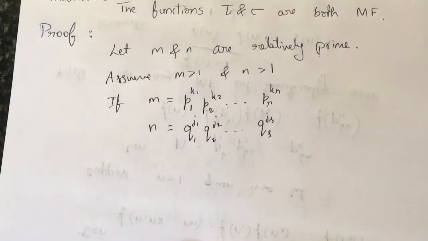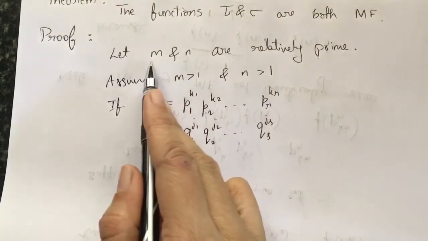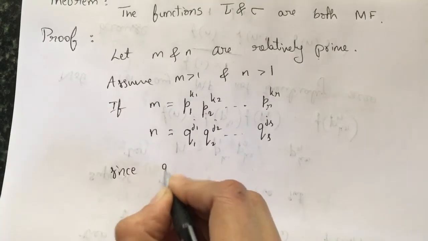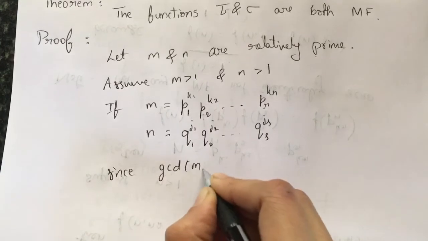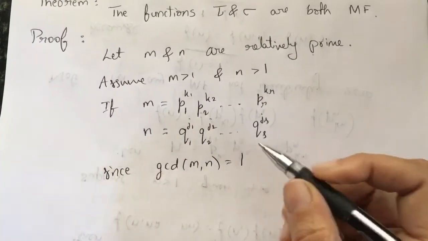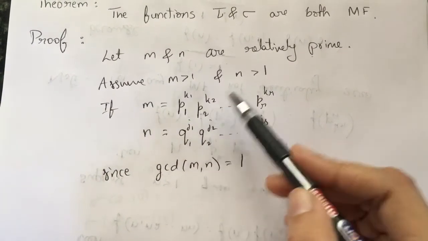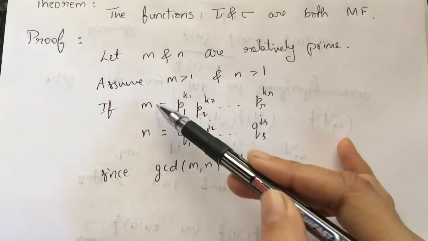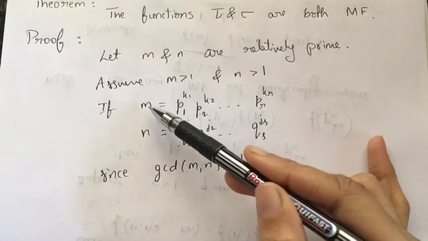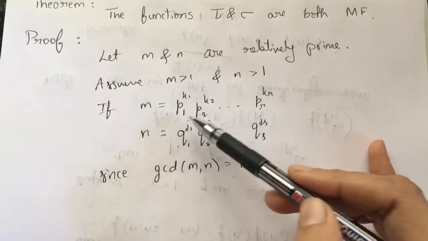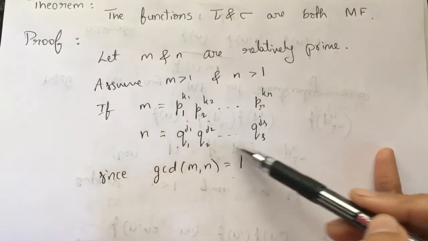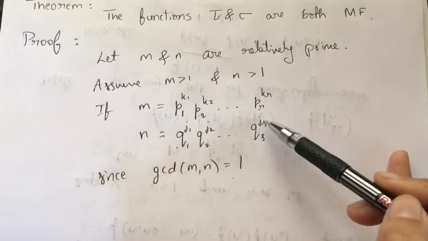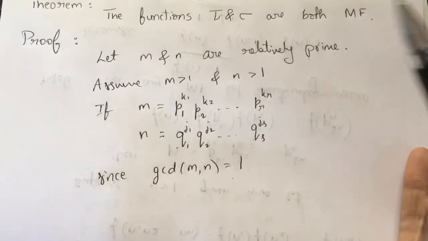Since m and n are relatively prime, their GCD is equal to 1. No pi can occur among the qj, because there is no common factor other than 1 for m and n. Therefore, no pi occurs in the prime factorization of n, or no qi occurs in the prime factorization of m.